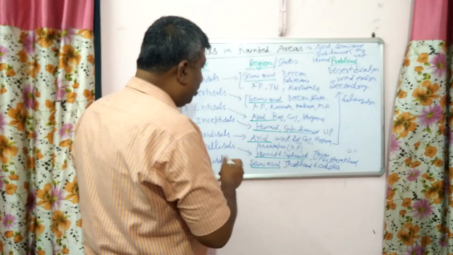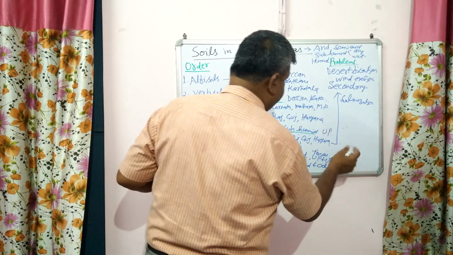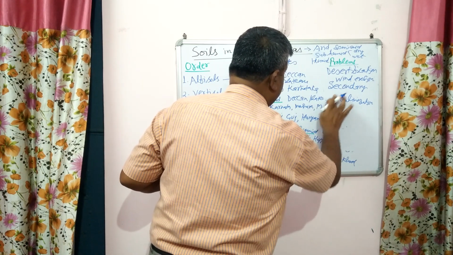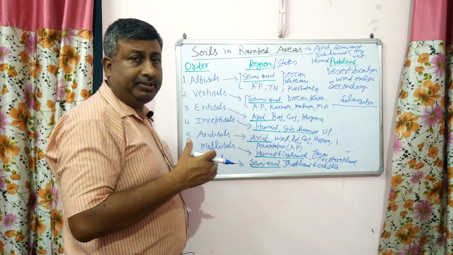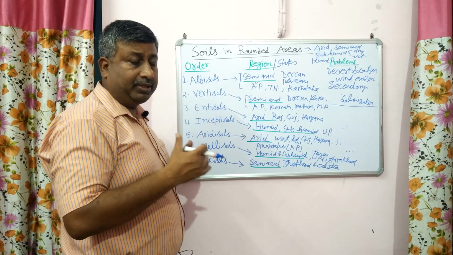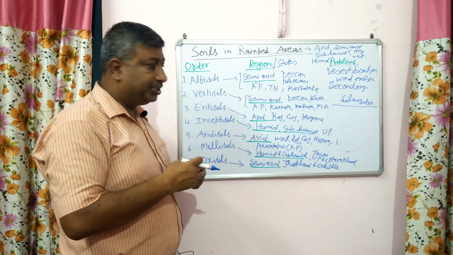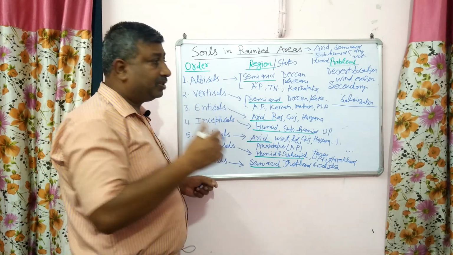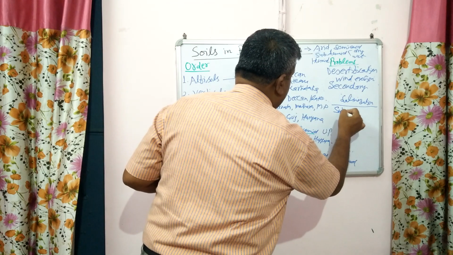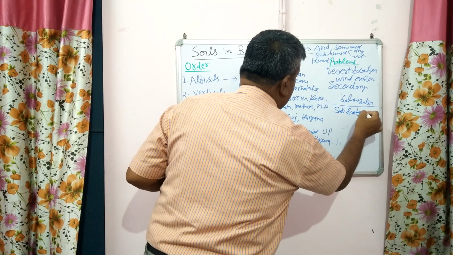In mollisols, they are highly productive soils with high organic matter content, very good fertility and very good for intensive crop cultivation, and occur in the Tarai region of UP and Uttarakhand. The problem is that there is a subsurface hard layer.